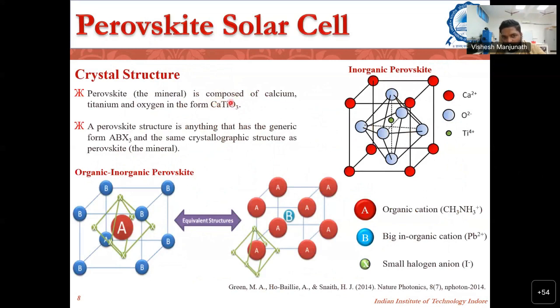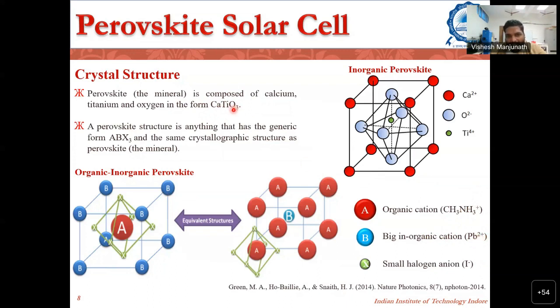It follows the same perovskite structure. In ABX3, the A part can be your organic cation, and your B part is usually an inorganic metal ion. Sometimes people started changing that.